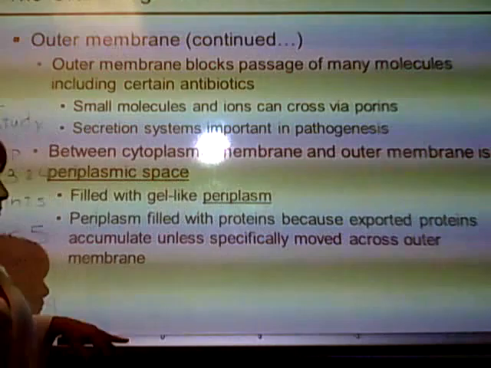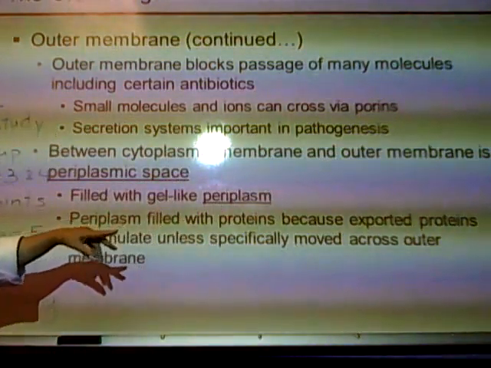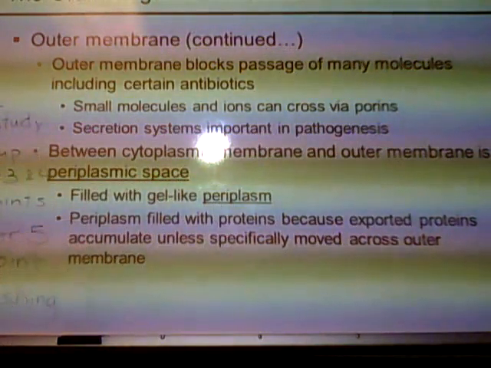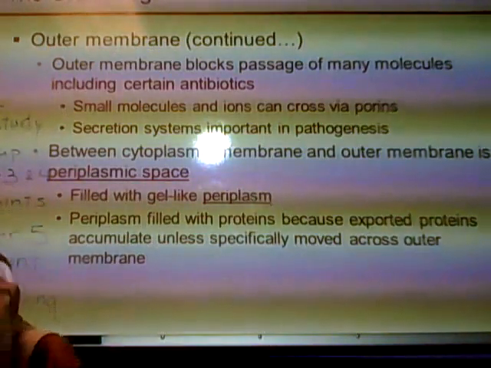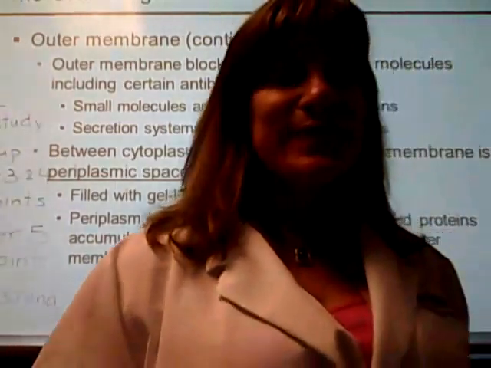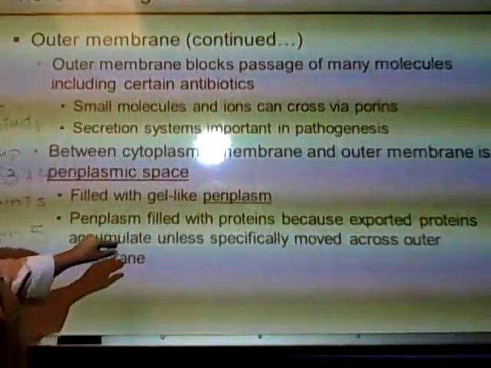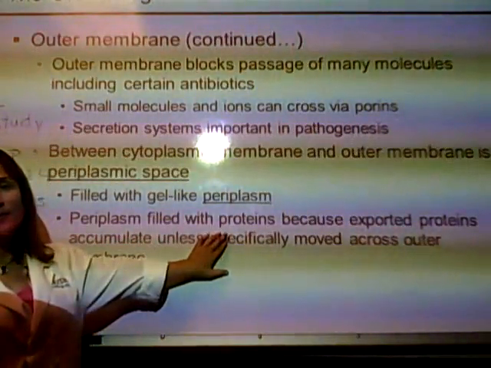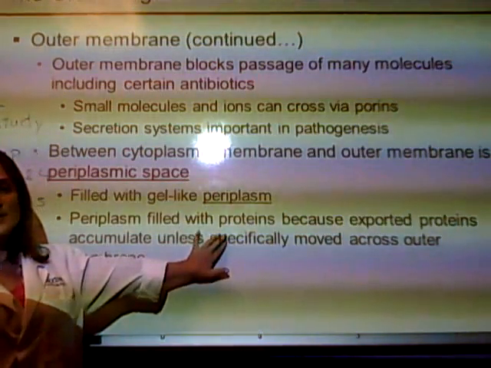All right, and what goes on in the periplasm? Exported proteins accumulate unless they are moved across the outer membrane. In the periplasm, these proteins are going to be accumulated unless there is something to move them out.